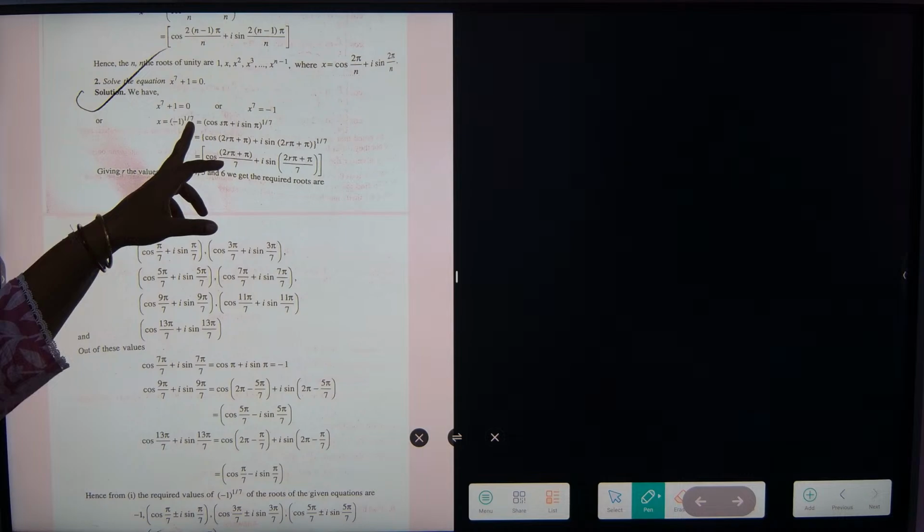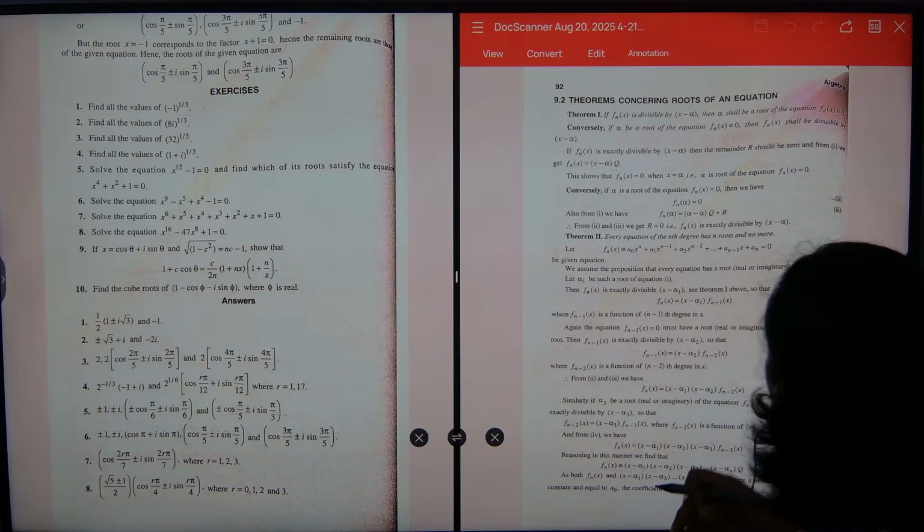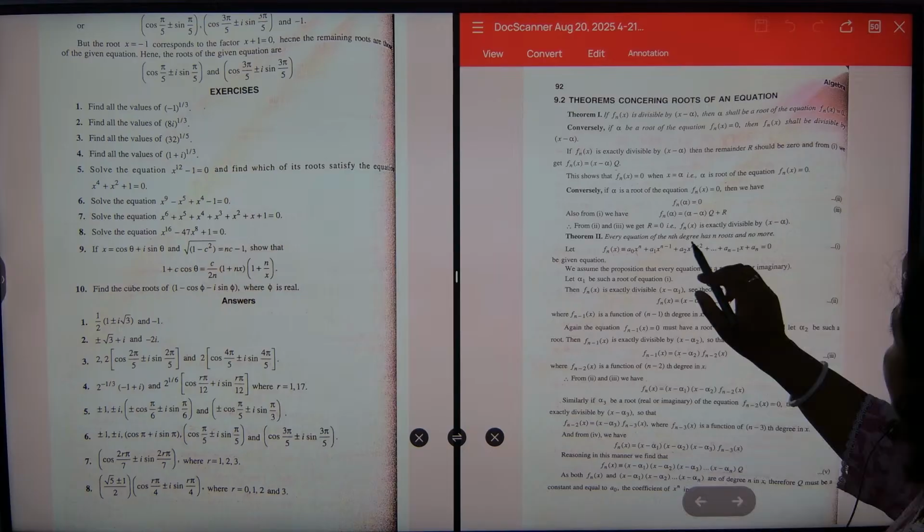Now here, we know that if we have an equation of nth degree, every equation of nth degree has n roots and no more.